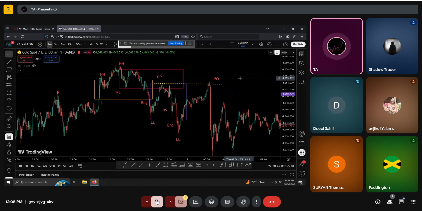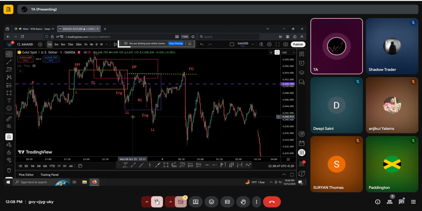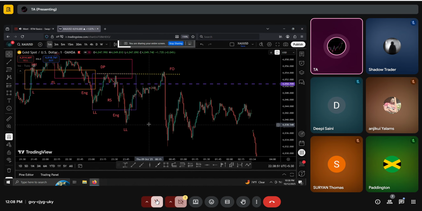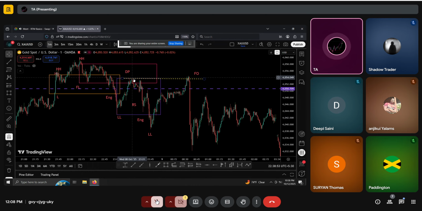And what would have happened here? Those who don't understand what is going on, what will they do? They will see the price crossing this level, and they will enter here, and then get trapped, right?